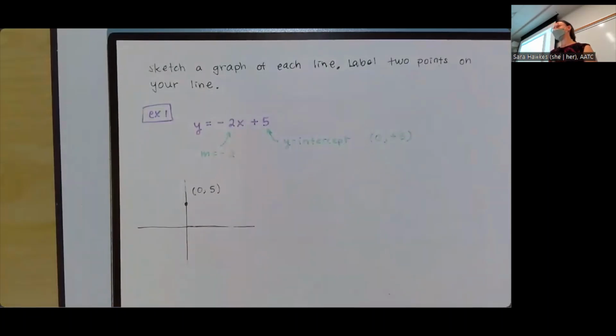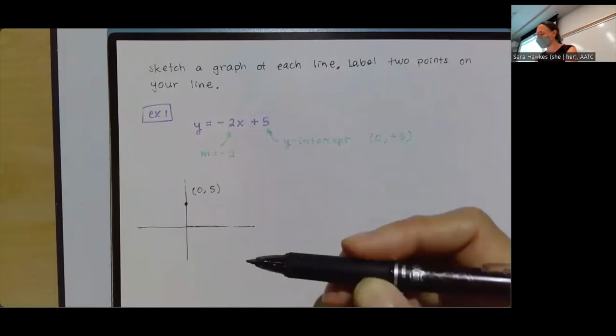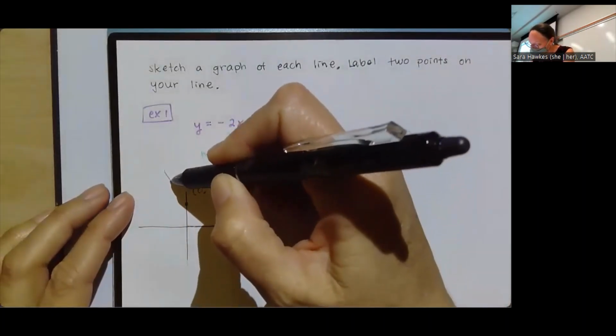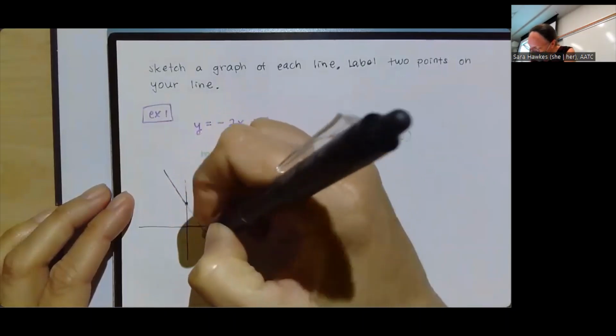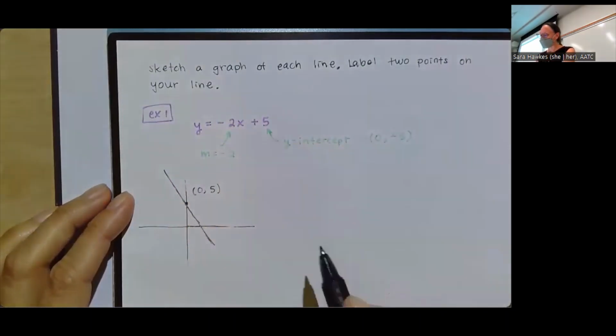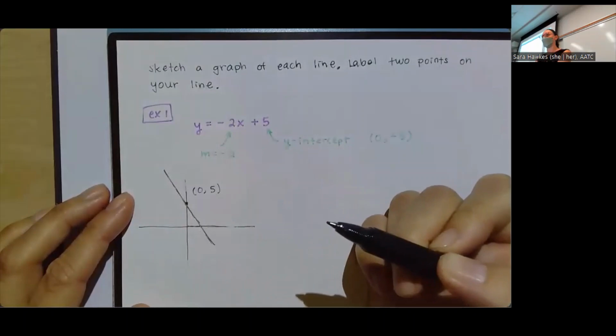If my slope is -2, one option to graph this is to take this picture and draw a slope that is negative, meaning as I move from left to right, it should be going down. And one option would be to use the slope to label a second point.